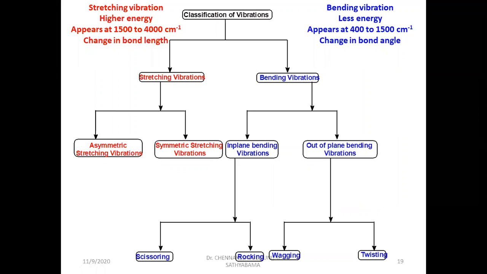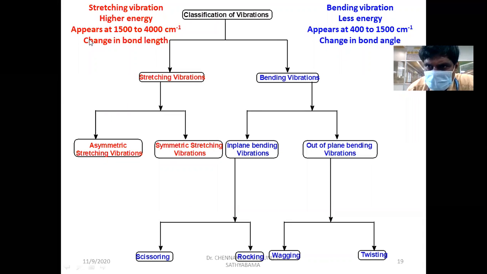Bending vibrations also have two types: in plane bending vibration and out of plane bending vibration. When all three atoms are on the same plane, that is known as in plane bending vibration. If two of the three atoms go out of plane, that is known as out of plane bending vibration.